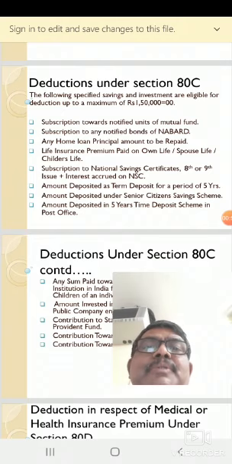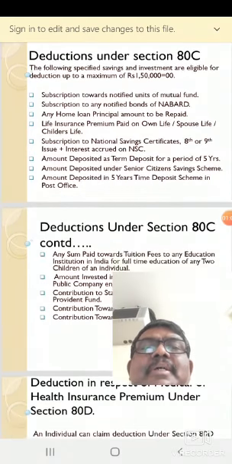Now, coming to the topic of deductions under section 80C, let us cover the specified deductions as per the syllabus. I will take first deductions under section 80C.